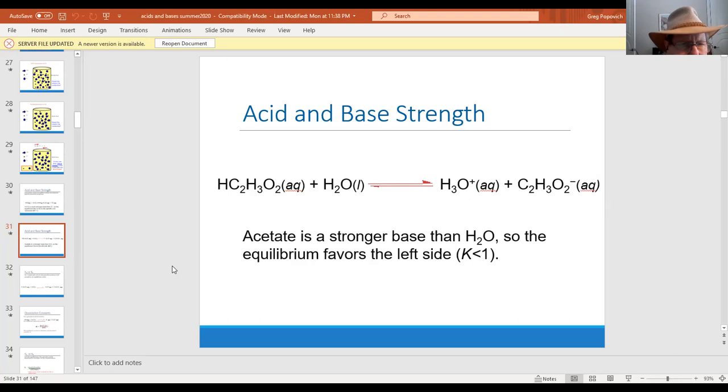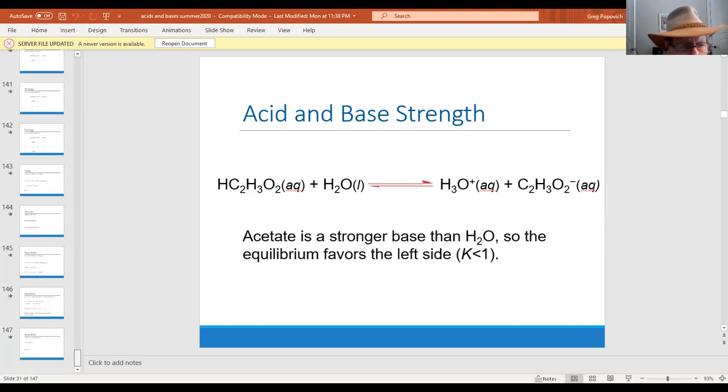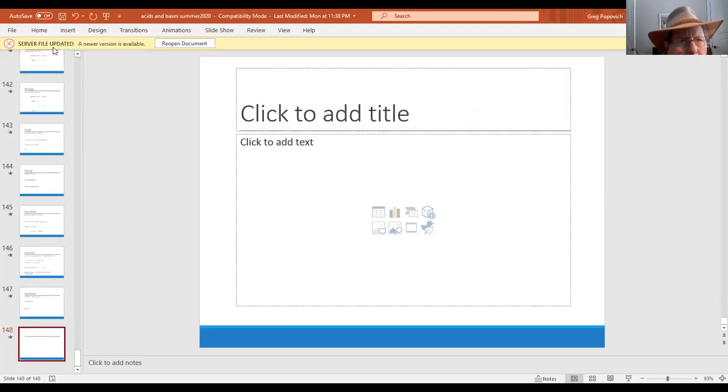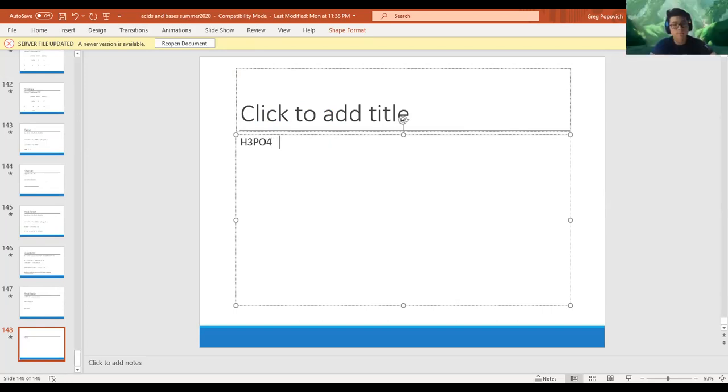Okay, if you consider, I'm going to go to the very bottom here so I can add something. Say I have something like H3PO4, and the first one is fairly strong.